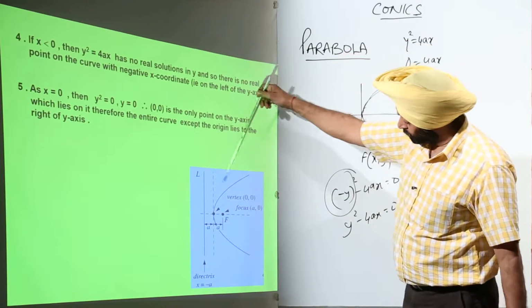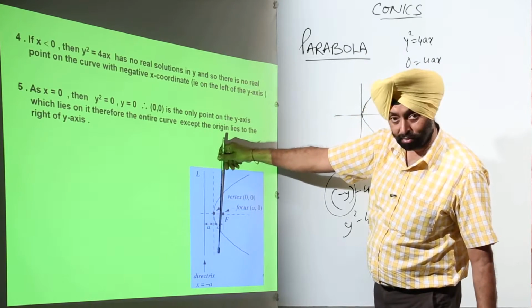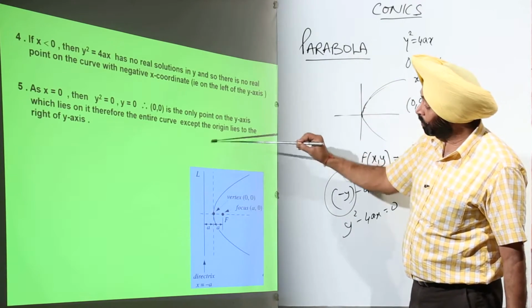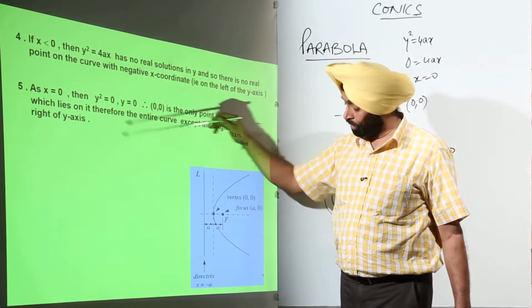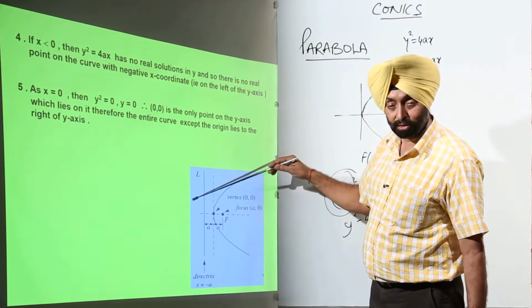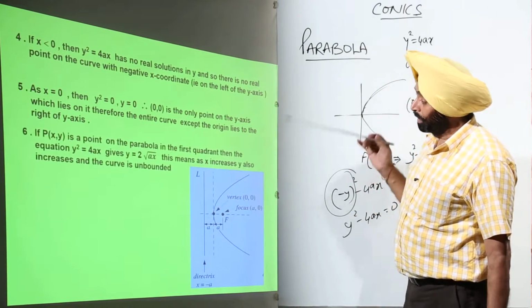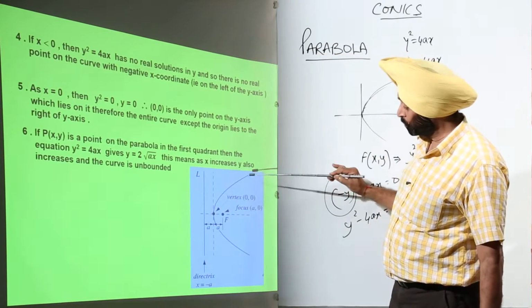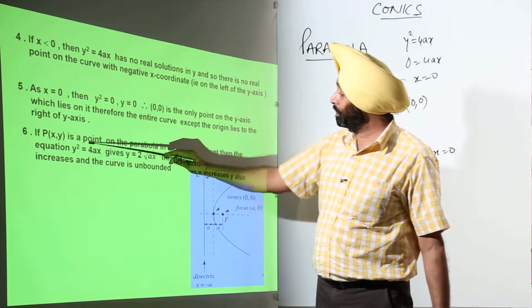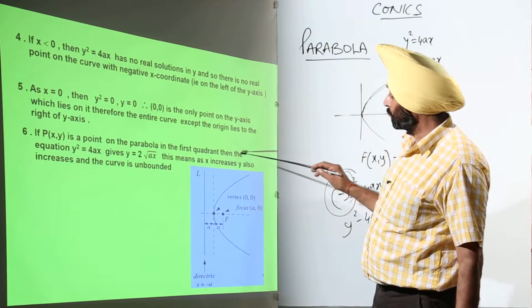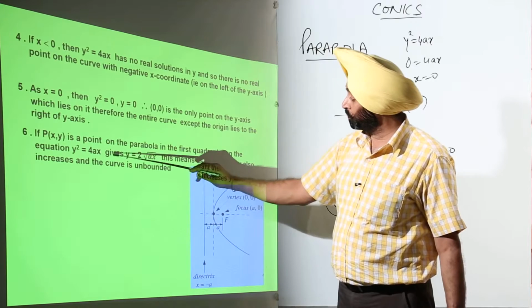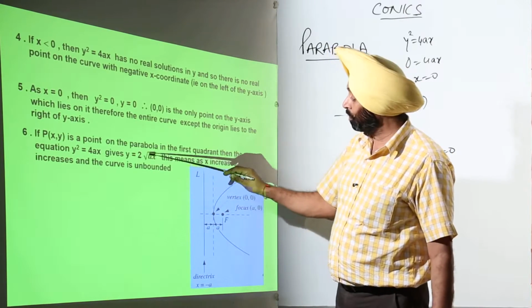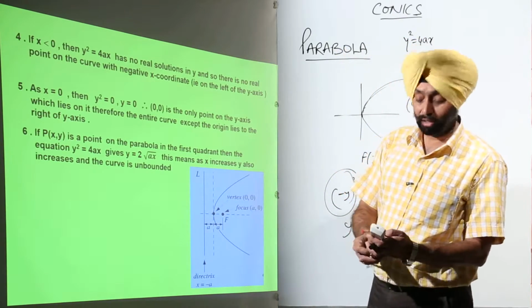Now this dotted line is the y axis here. So the entire curve will be towards the right of the y axis. None of it will be moving towards that side. Suppose point P (x, y) is lying here. If point P (x, y) is a point on the parabola in the first quadrant, then the equation y square is equal to 4ax gives y is equal to 2 root ax.